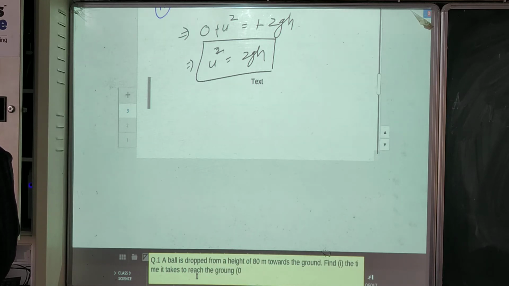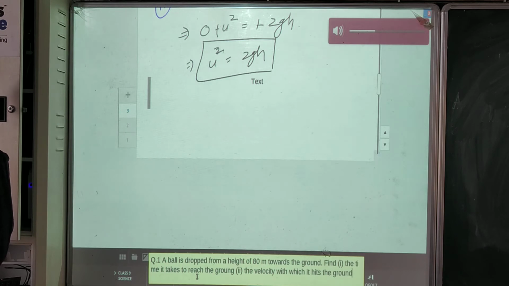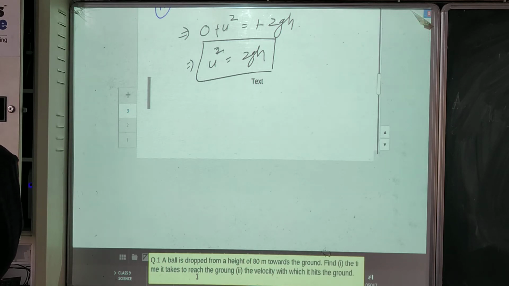In the second case, find the velocity with which it hits the ground. So here we go, this is the question.